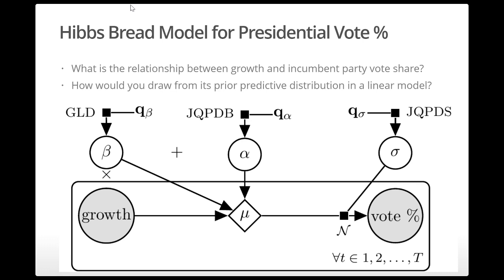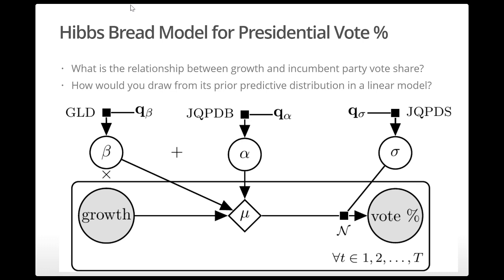And you should think about this as a depiction of the prior predictive distribution, the model for how you think the data is generated. The ones with the not gray in the circles are unknowns. These are never going to be observable. We got our beta, we got our alpha, we got our sigma there.